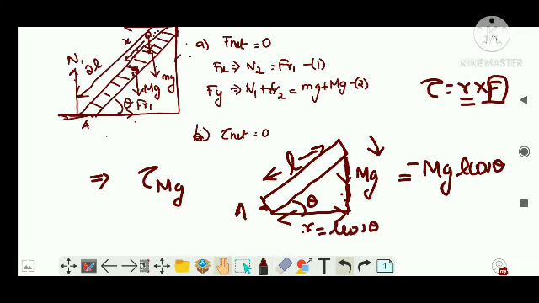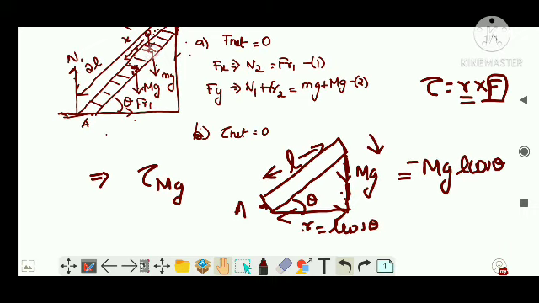Now what will be the torque due to small mg? That is this guy, what he is causing the torque. That is mg into the perpendicular distance. Remember he is at a distance x from the center of mass. From here to here it is l, then from here to here it is x. So this guy is at a distance of l plus x from this point A. So his perpendicular distance will be this, right?